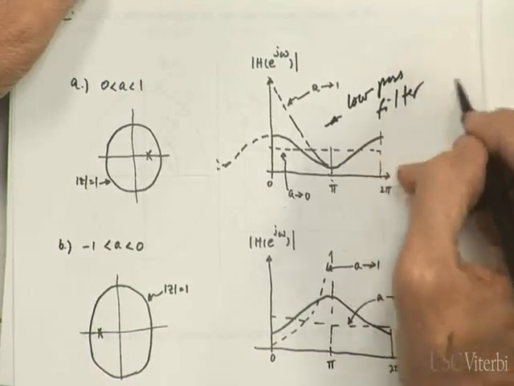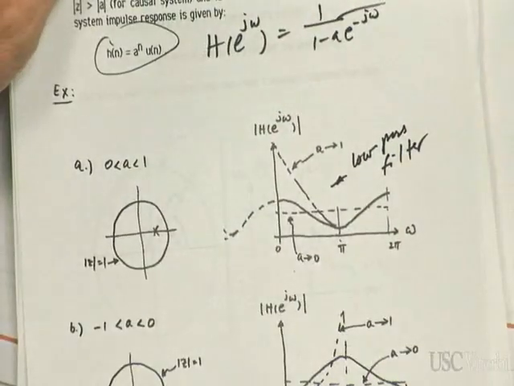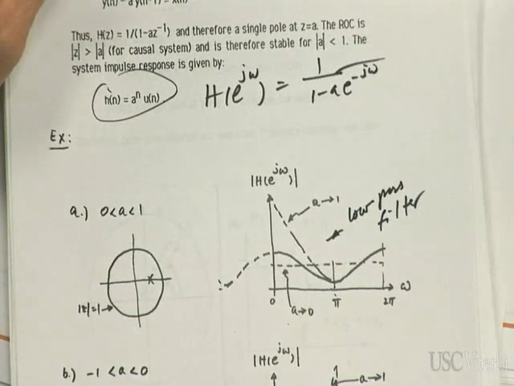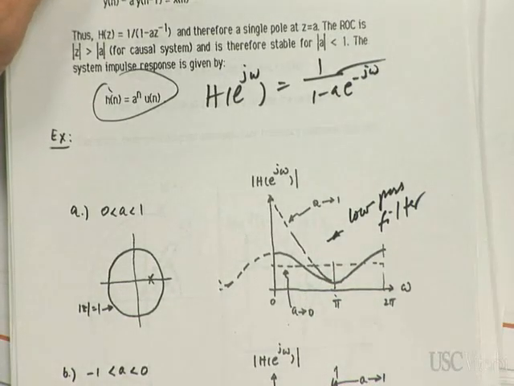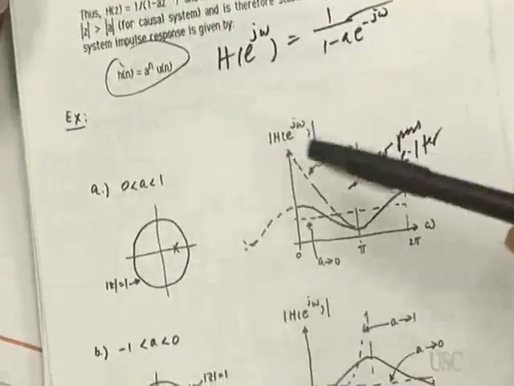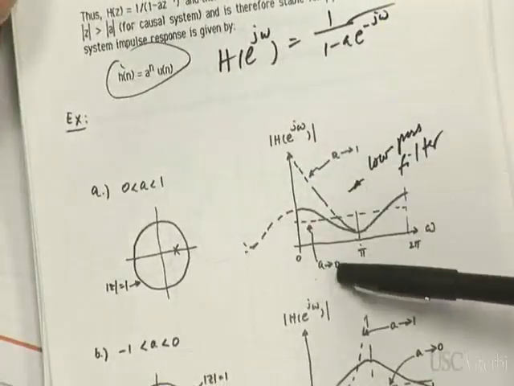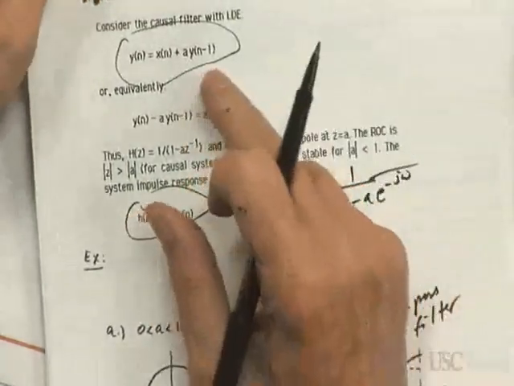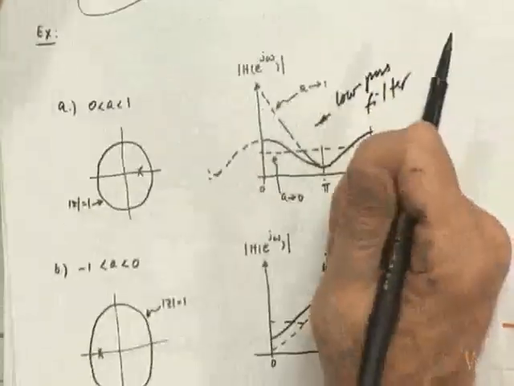What's interesting is that, if you recall from the previous example, the only way to make the filter response change is by increasing the number of samples. If you increase the number of samples, you increase the delay and the required memory. For this filter, you can change the frequency response simply by varying this one parameter, a, and you still have the same difference equation, just with a different parameter.